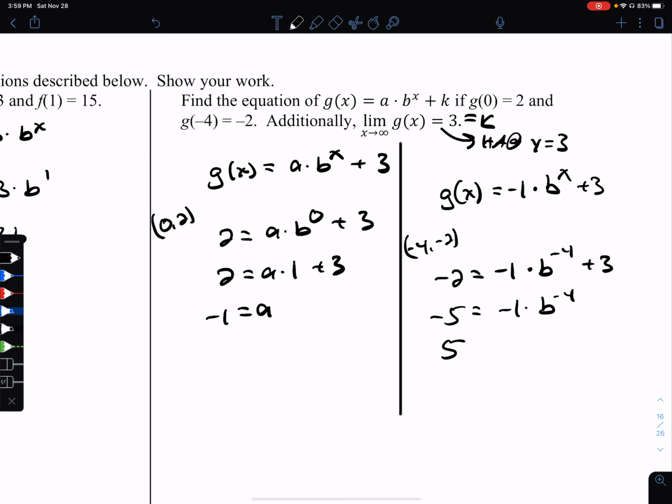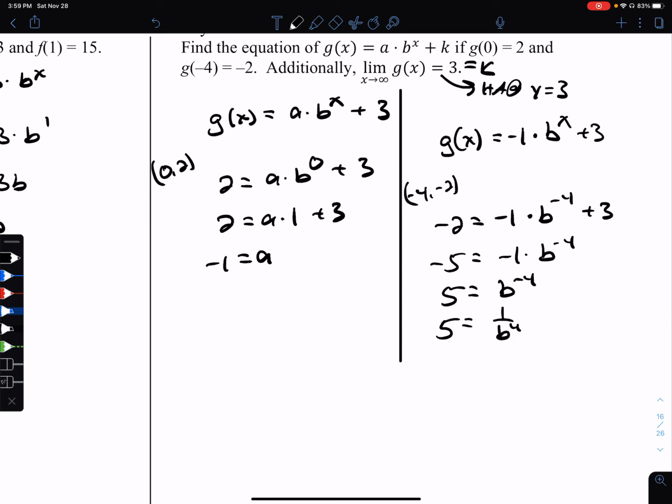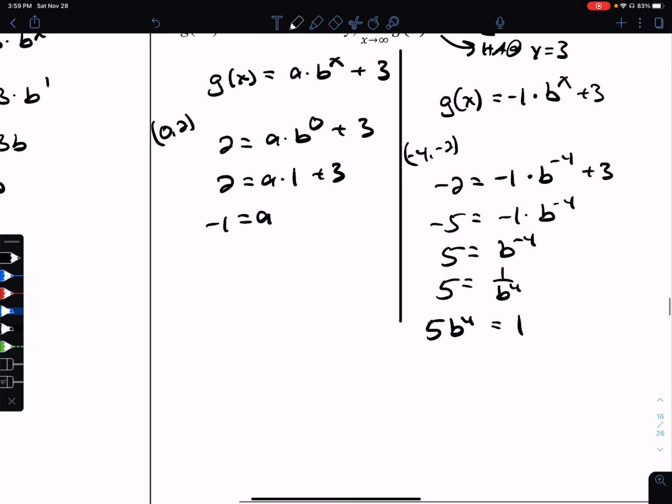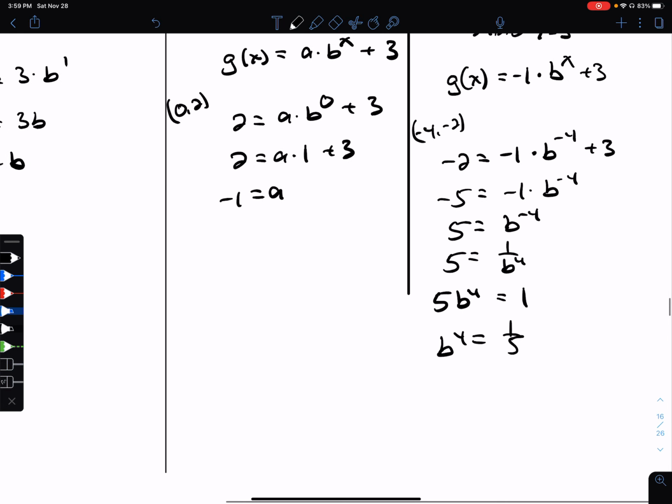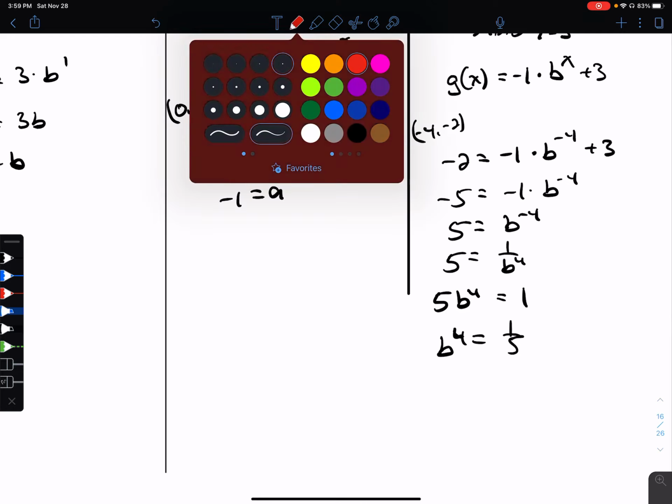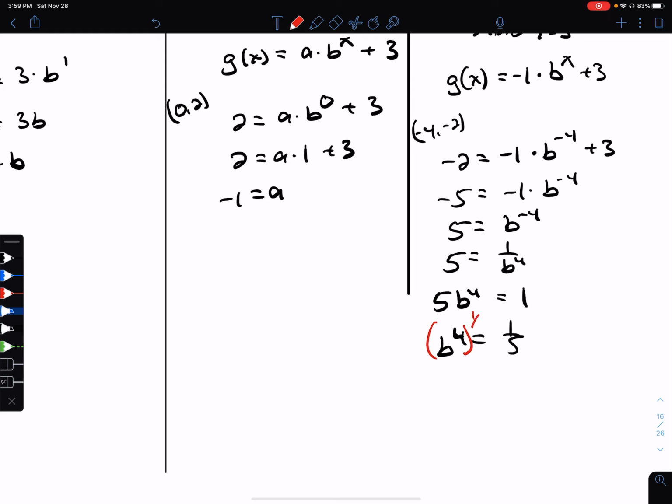Multiply both sides by -1. I'm going to rewrite b to the -4 as 1 over b to the 4th. I'm going to multiply both sides by b to the 4th. Divide both sides by 5. And then to get this to be b to the 1st, I'm going to raise both sides to the 1/4.